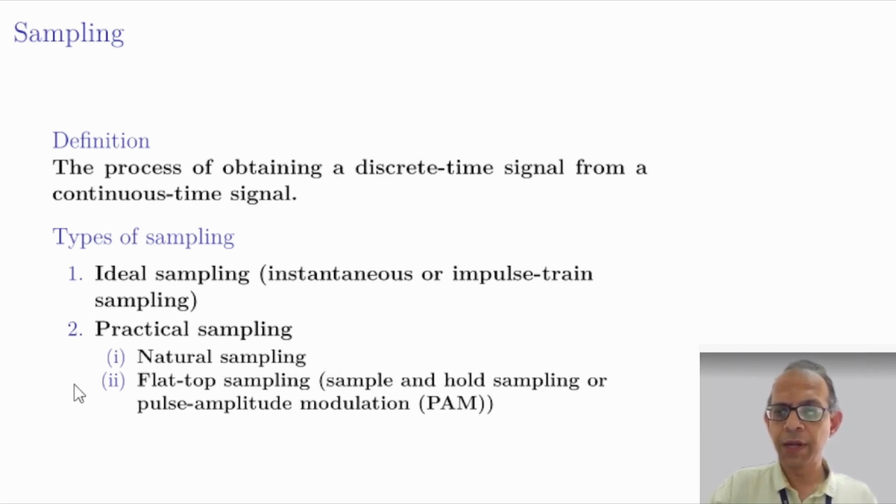Today we will look at another more practical method of sampling called flat top sampling. This sampling is known by two other names also, sample and hold sampling and pulse amplitude modulation or PAM.